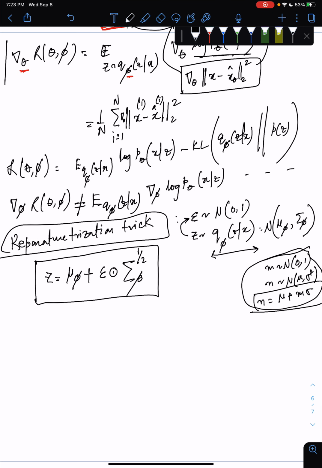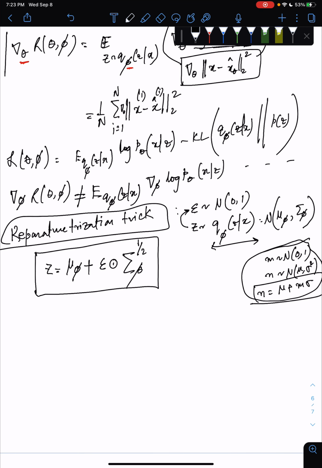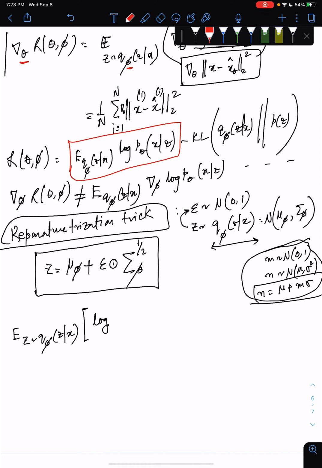Now, what I'm trying to do is reparameterize this term.